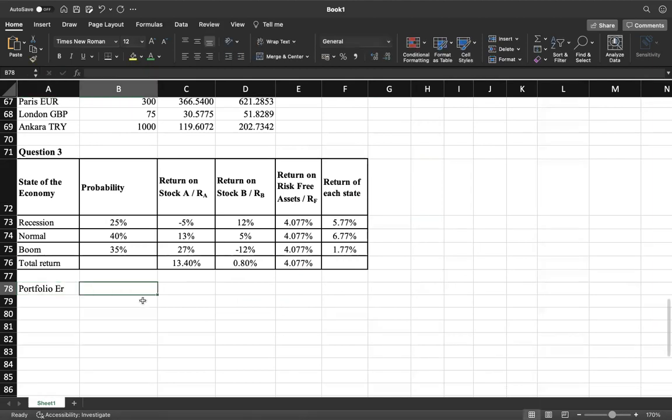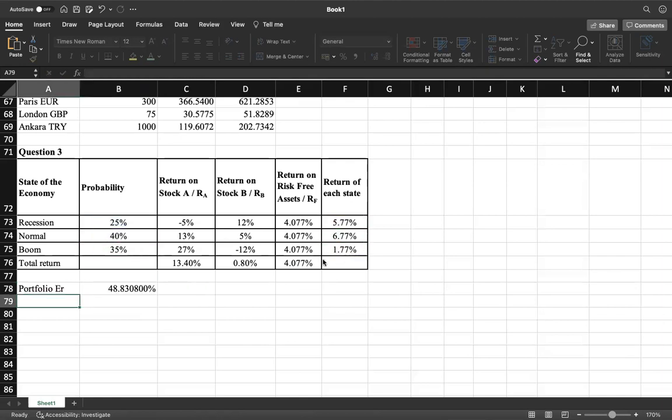expected return. Portfolio expected return is equal to probability times a return of each state and this. What happened here?